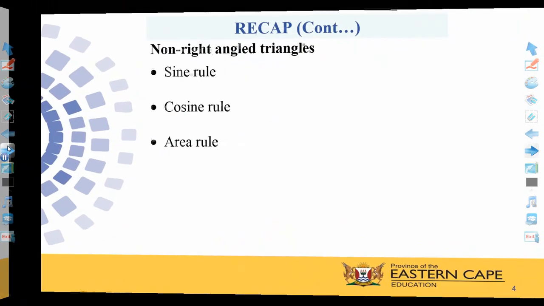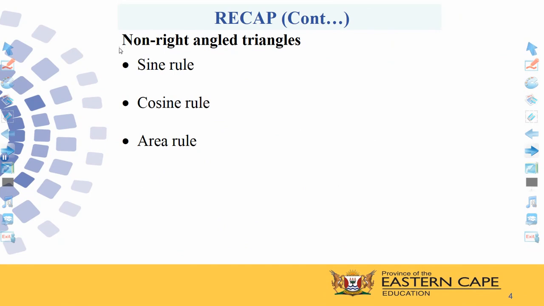Another thing we talked about was non-right-angled triangles, which was our last lesson, where we said you need to apply sine rule, cosine rule, or area rule to solve that particular triangle. With area, I will just emphasize that you don't just use the area rule unless the area was given or you are asked to calculate the area.